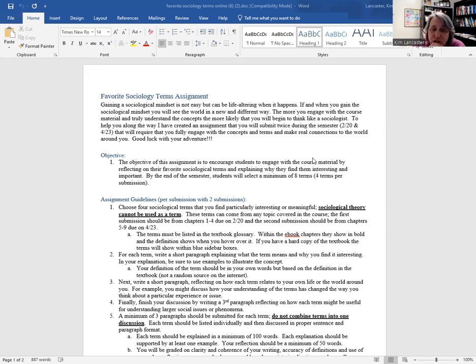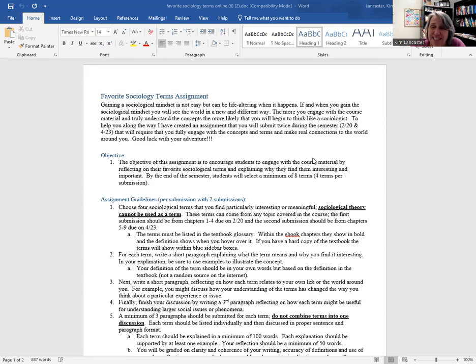Now, for each of those terms, you're going to write a short paragraph of what the term means and why you find it interesting. So do not give me the textbook definition. It should be your own definition in your own words, and it should be based on what you've learned from the textbook. Please do not Google the terms and select a definition off the internet, because it may be a term that's used in different ways.